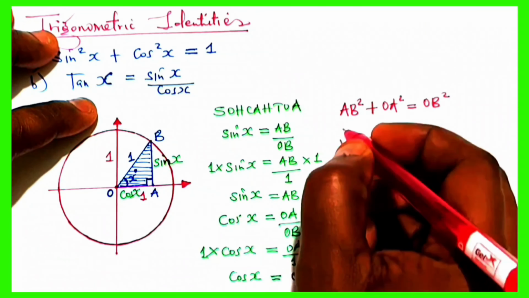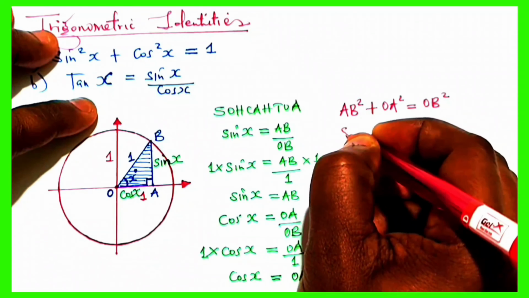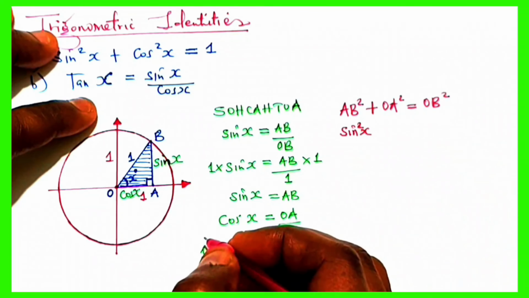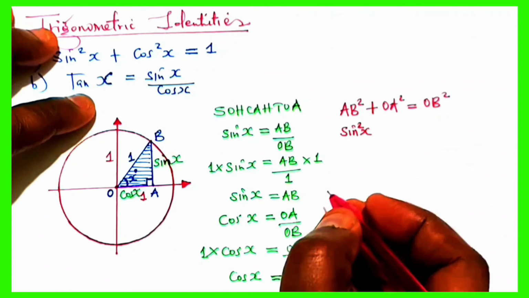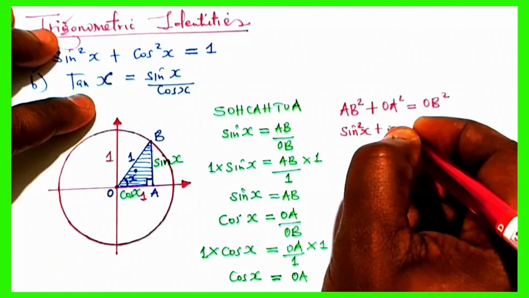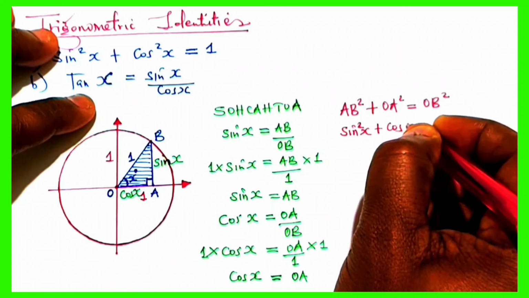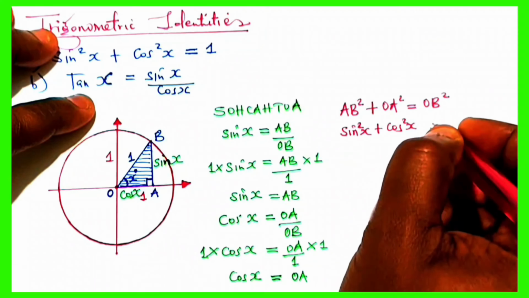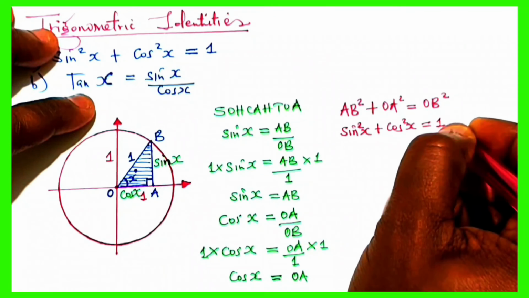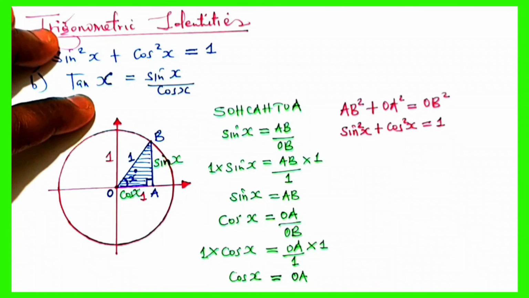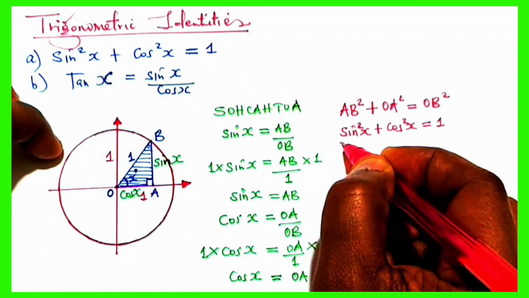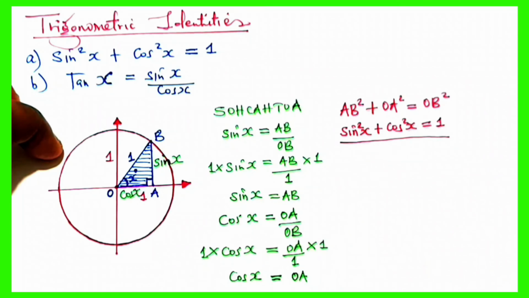And AB squared is equal to sine x multiplied by itself, that means sine squared x, plus cos x multiplied by itself, that means cos squared x, to be equal to 1 squared, which is equal to 1. And therefore, this is the first trigonometric identity that we've considered there.